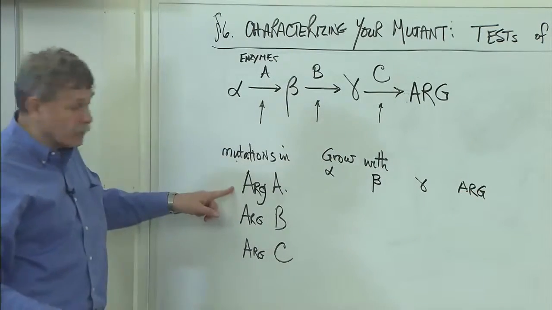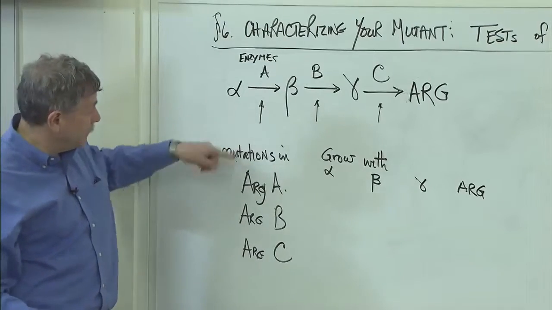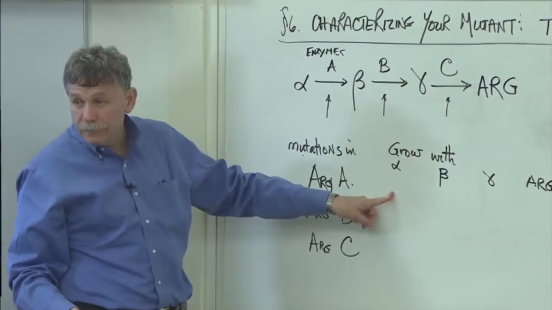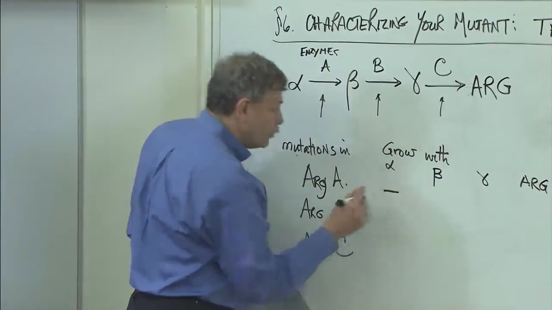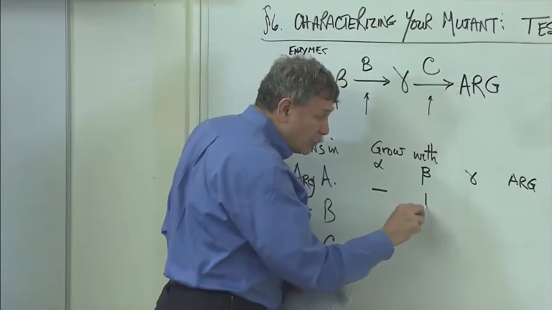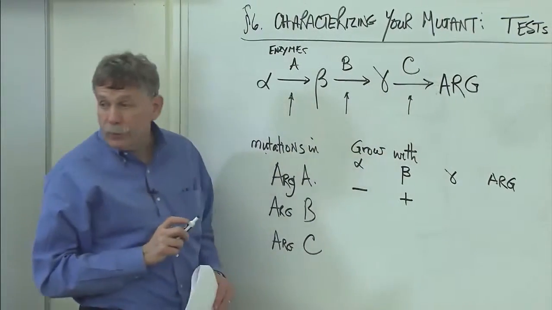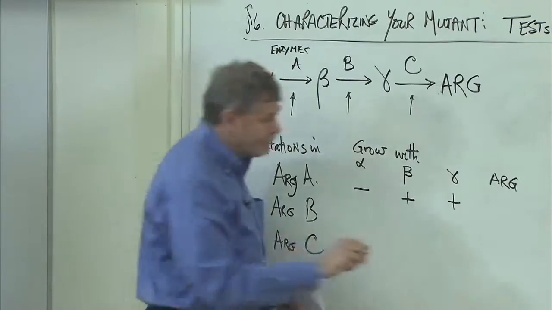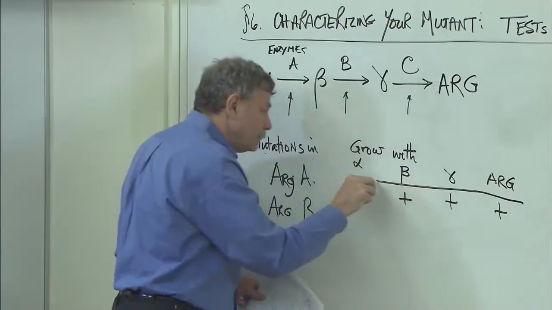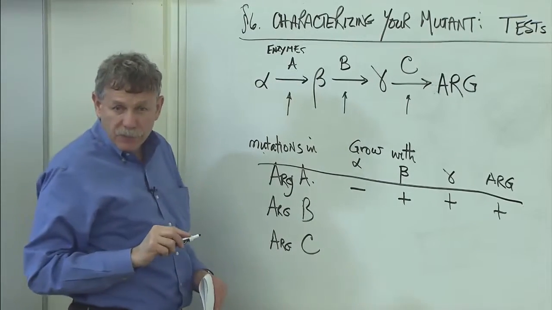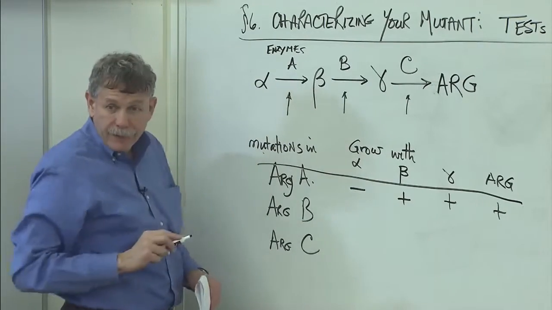If my mutation was in ARG A, would it grow if I gave it a lot of alpha? No. But would it grow if I gave it beta? Yeah, because I'm downstream of that defect. Would it grow with gamma? Would it grow with arginine? Bingo. Suppose the mutation was in ARG-B, that gene there.